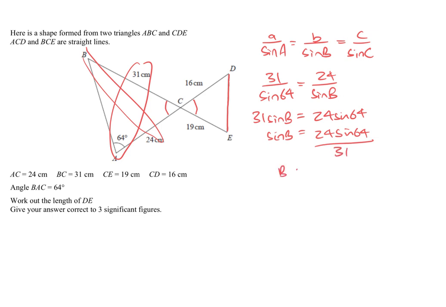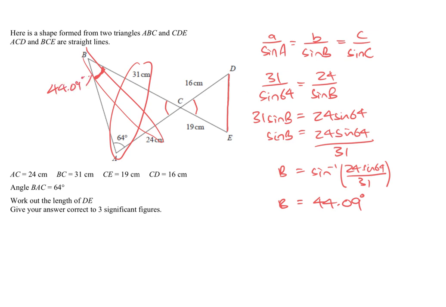And then B is simply going to be sine to the minus 1 of that expression there, 24 sine 64 over 31. Put that into a calculator, we get the angle of B is 44.09. So if angle B is 44.09 degrees, that's this angle here.